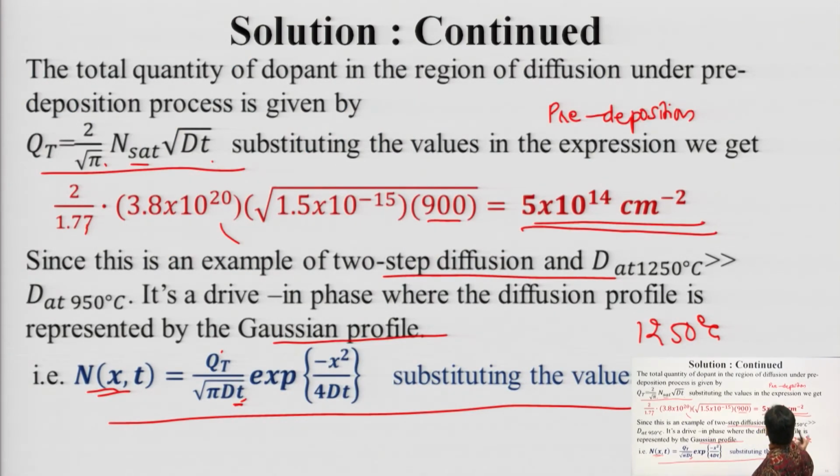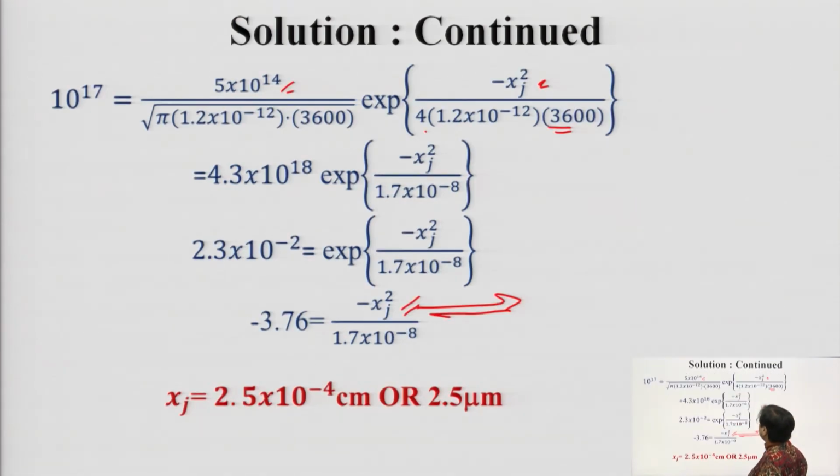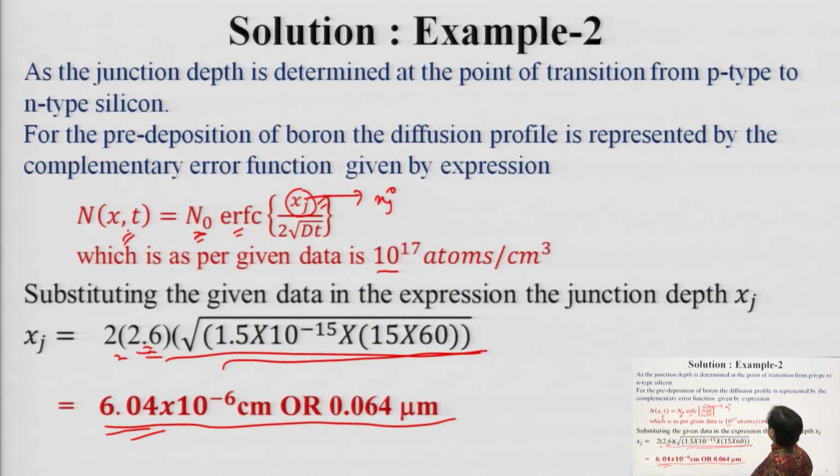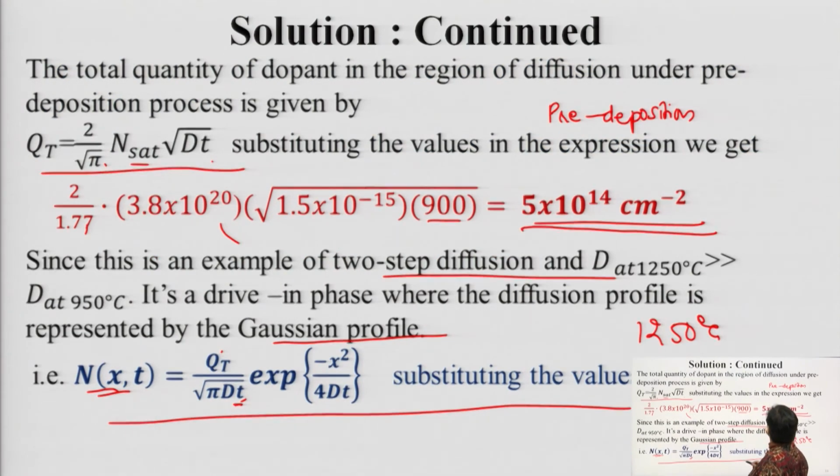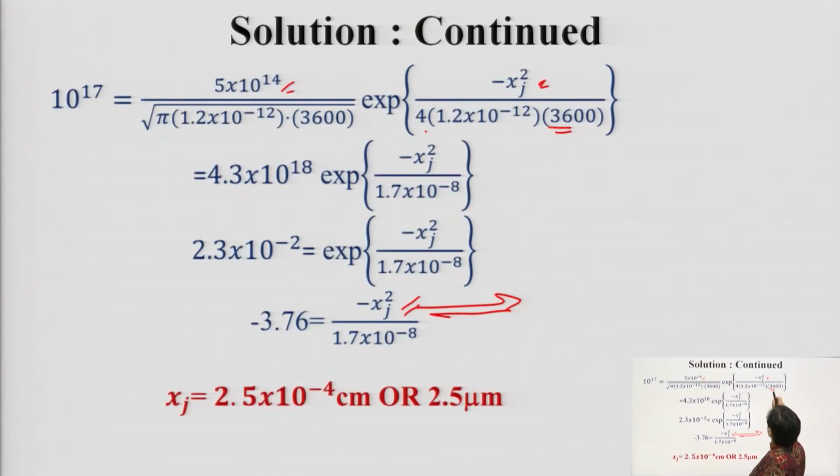It is told that the drive-in phase is carried out for 1 hour. So, 1 hour into 60 into 60, that is 3600 seconds we have substituted for 1 hour.